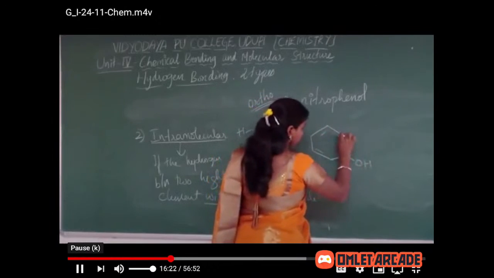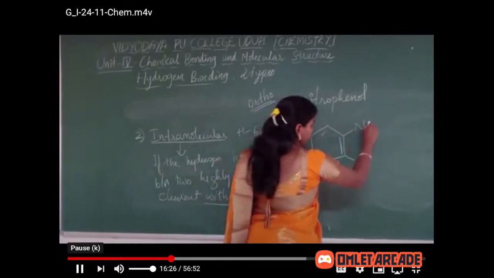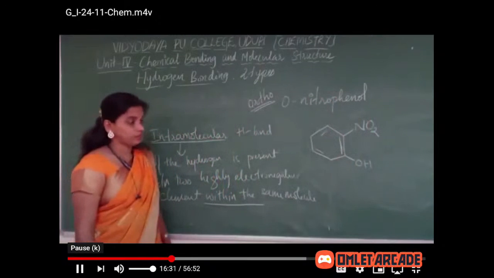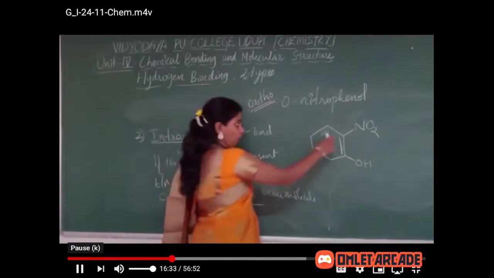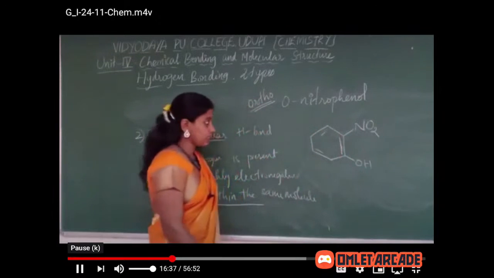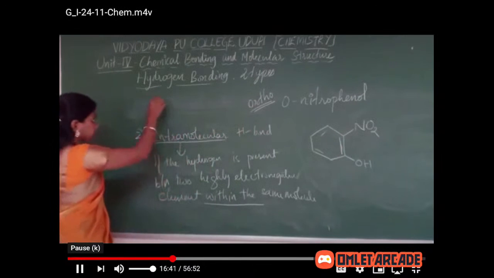This is the phenol. Nitro group means NO2 group. So this is orthonitrophenol. Okay, 1 and 2 position functional groups are present. 2 more are there, meta and para.